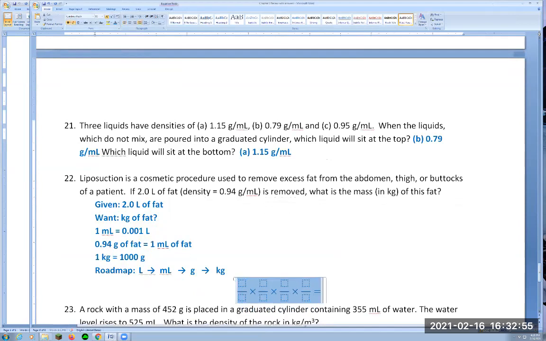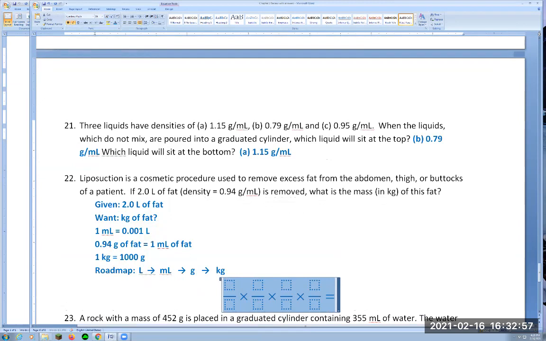Let's make this bigger. So always start the calculation with the given amount in the numerator.